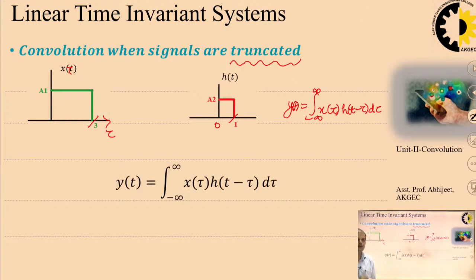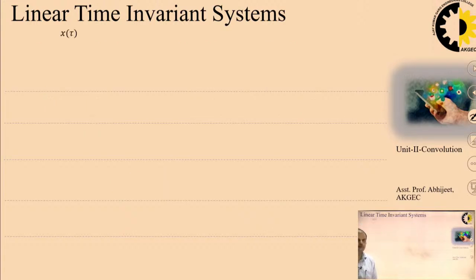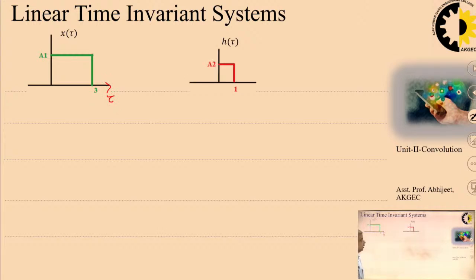So our general formula will remain this, and we will first of all calculate what is h of t minus tau. So x of tau is straightforward. X of tau will be a1 from 0 to 3, but the independent variable, remember, is now tau. H of tau is basically what was there in the question, but we'll just replace t with tau. Now we have to evaluate h of t minus tau.